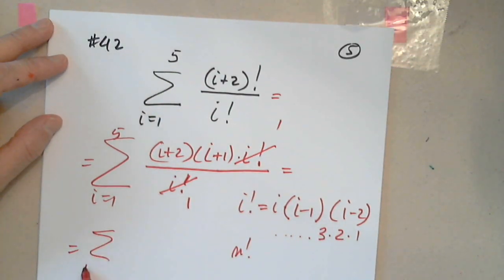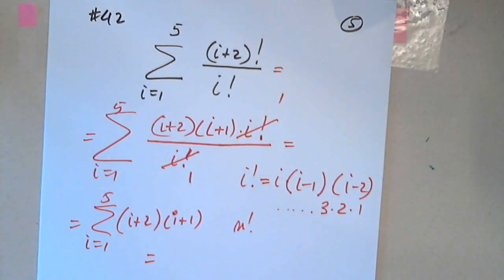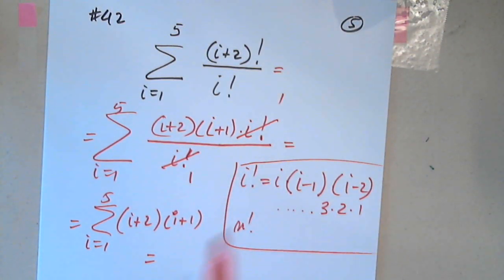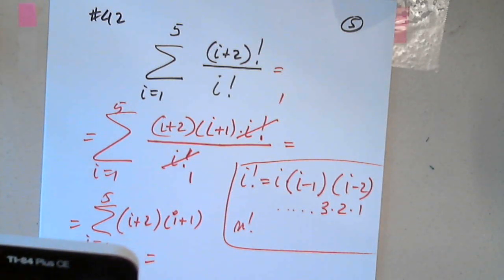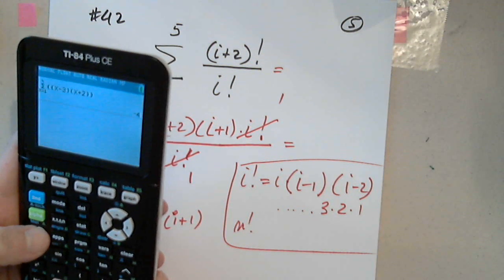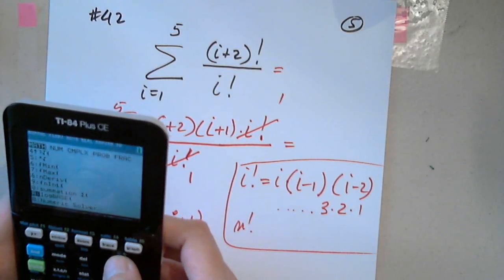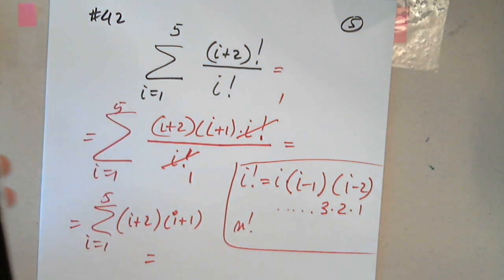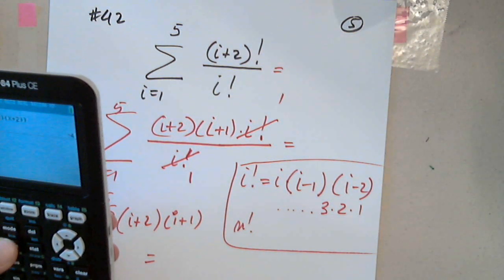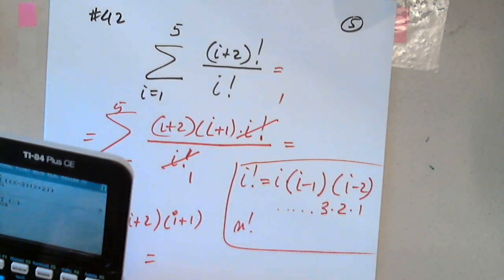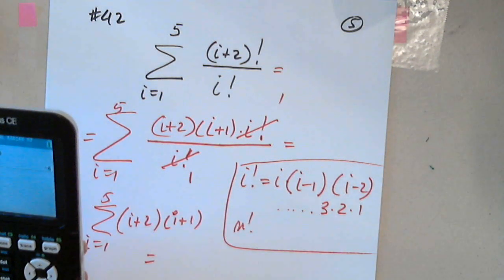So then the sum from i equals 1 through 5 of (i plus 2)(i plus 1). We can put in the calculator quickly and see what we get. Math, go up, summation notation from i equals 1, meaning x equals 1, and it goes up to 5.